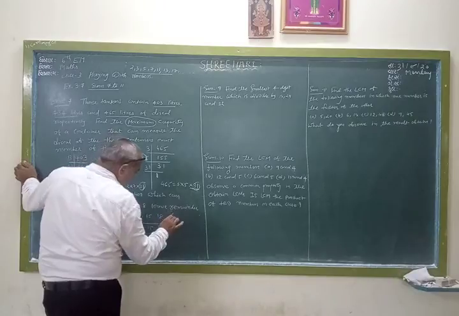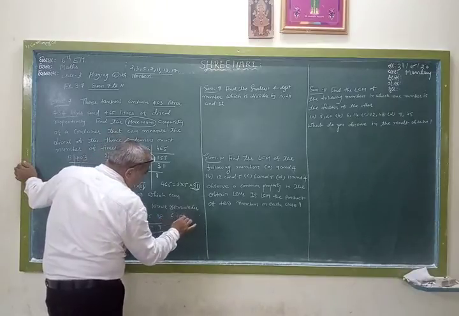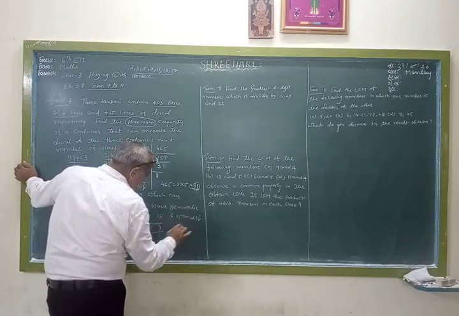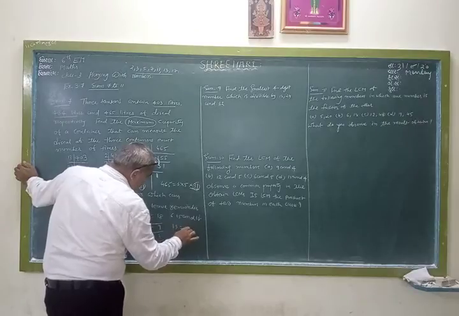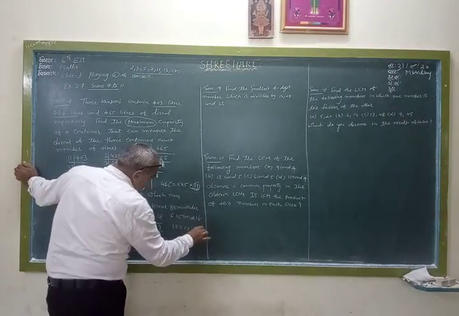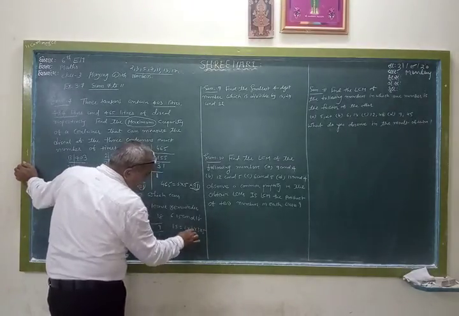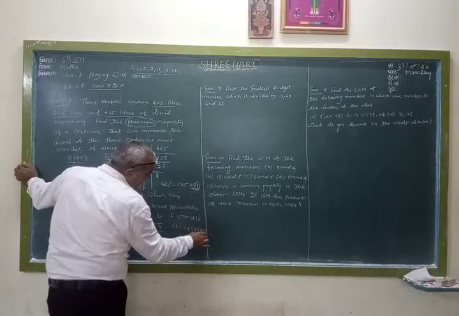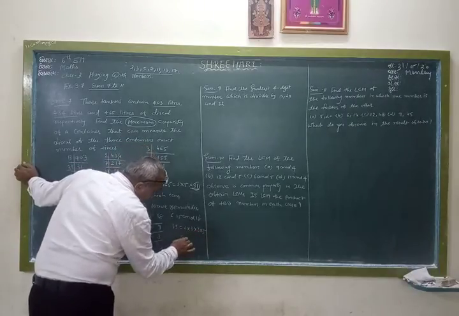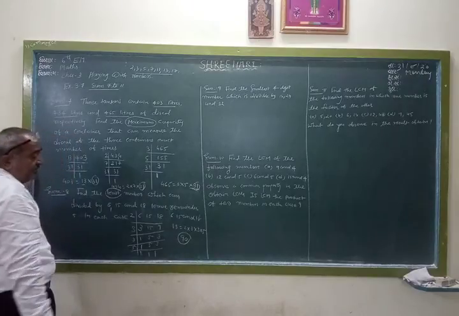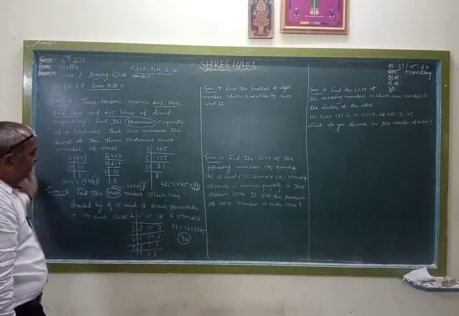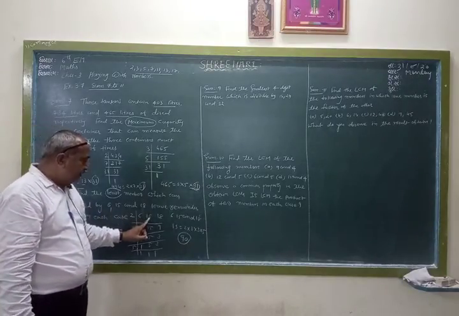LCM of 6, 15 and 18 is 2 into 3 into 3 into 5. 2 times 3 is 6, 6 times 3 is 18, 18 times 5 is 90. This is the LCM of 6, 15 and 18.